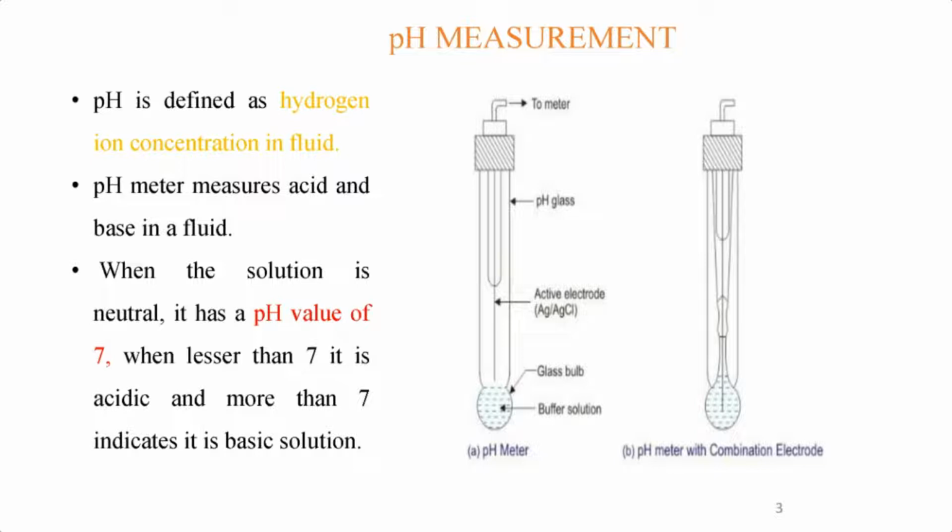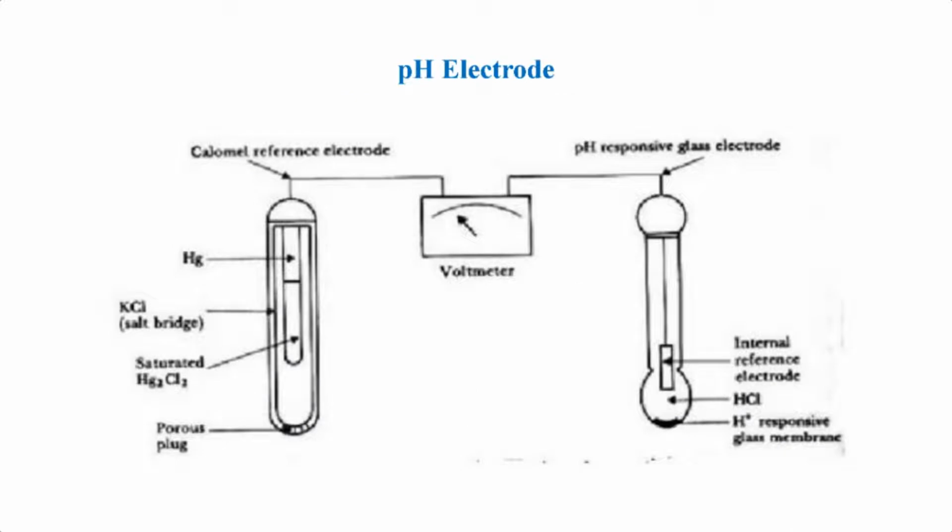The silver chloride electrode, or the titanium electrode, can also be used as the reference electrode. It is a combination electrode where the reference and the active electrodes have been combined together. The calomel electrode is said to be the active electrode.